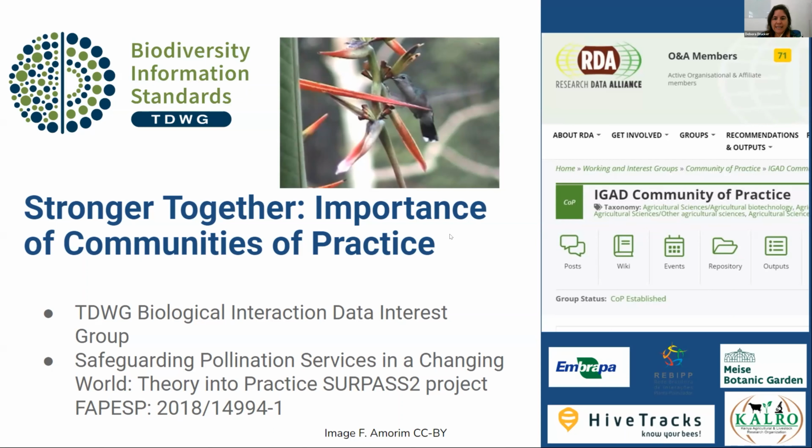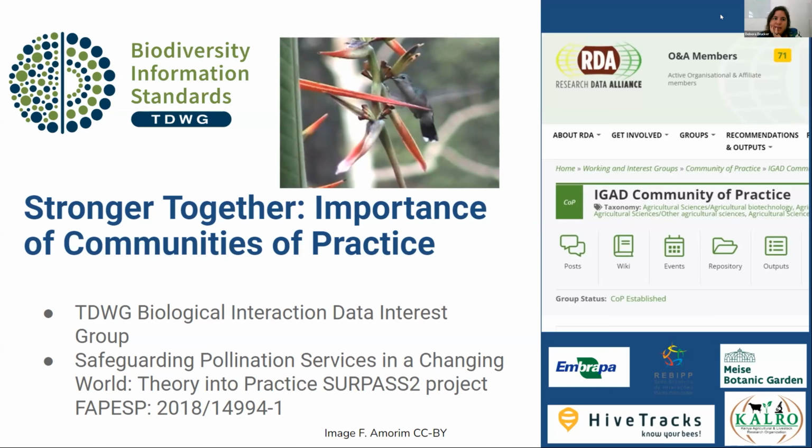So Embrapa is the lead, and we also have the Meise Botanic Garden. We have our partners from Meise here in Belgium. We also have our partners from KALRO, the Kenyan Agriculture and Livestock Research Organization, as partners. And HiveTracks, which is a startup that works with beekeepers.